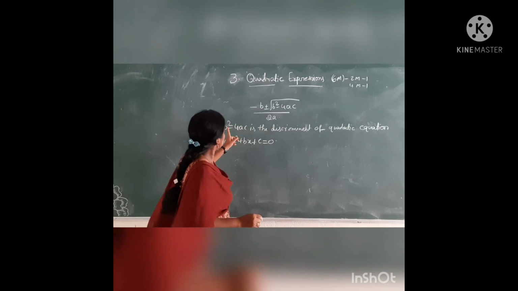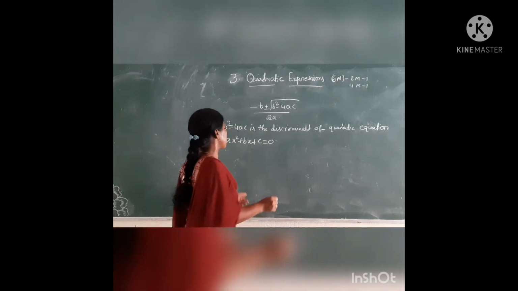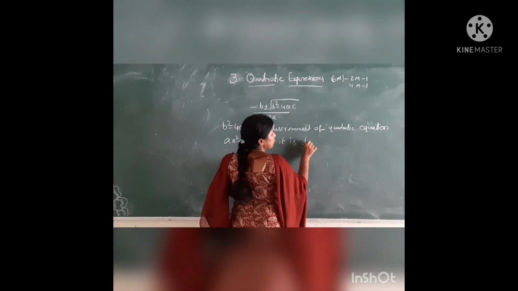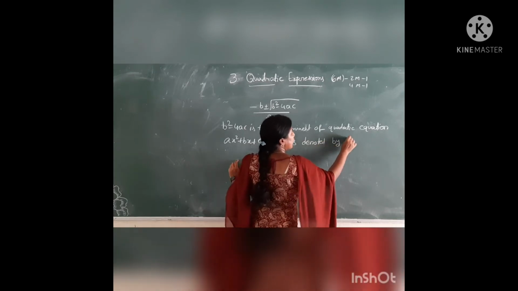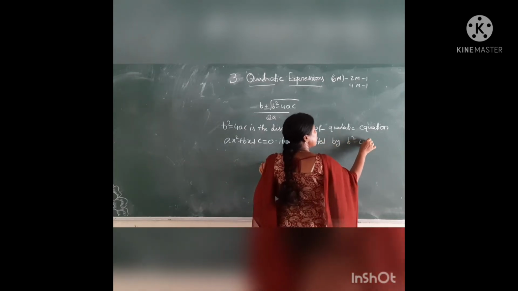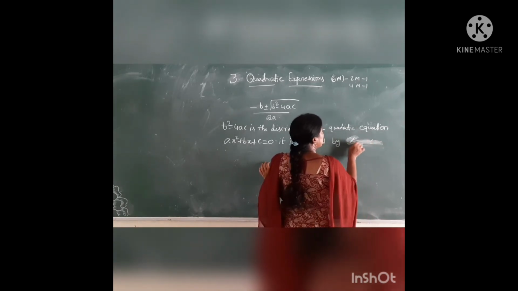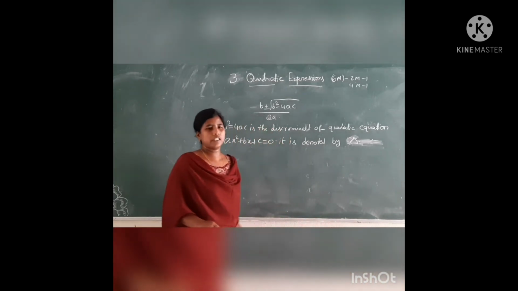B square minus 4ac is the discriminant of the quadratic equation. It is denoted by delta, so b square minus 4ac is equal to delta. Okay, the symbol of delta. It is denoted by delta.